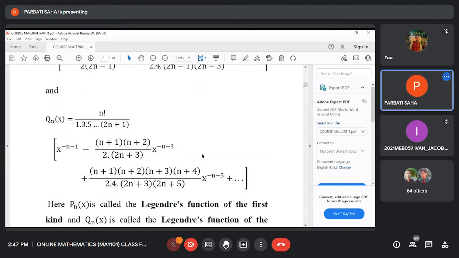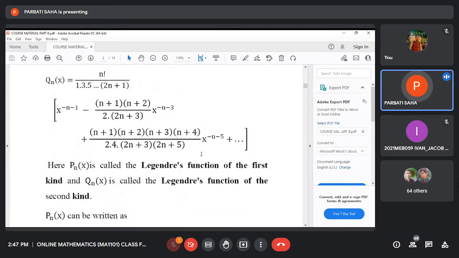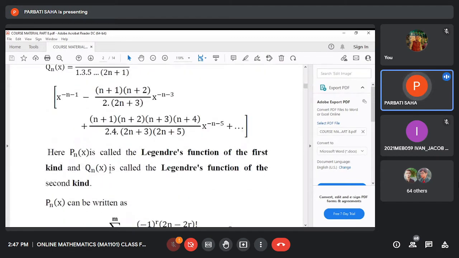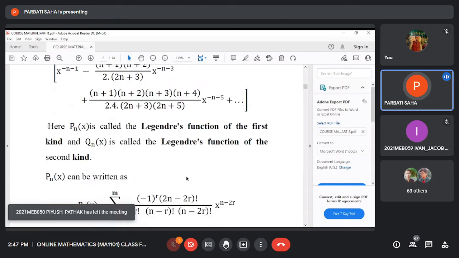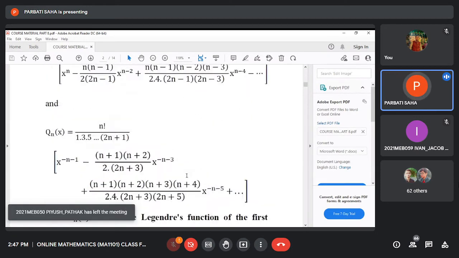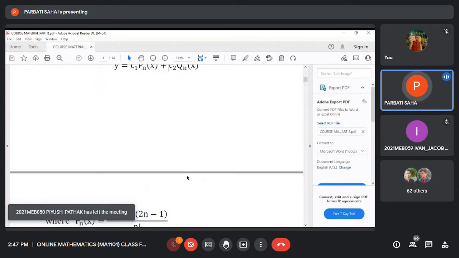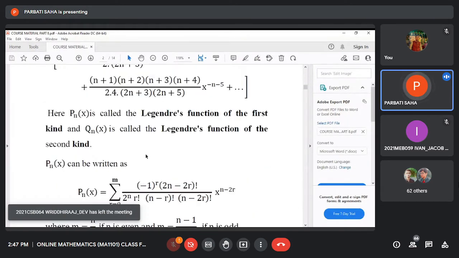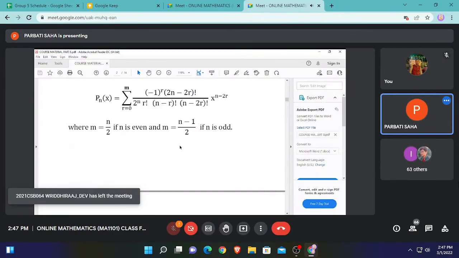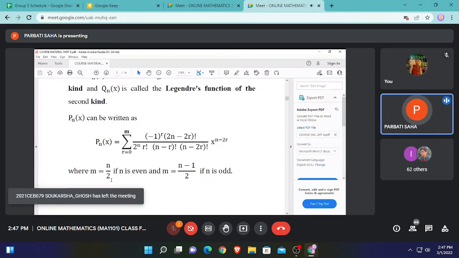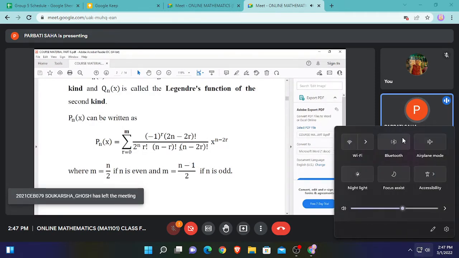Pn(x) is called Legendre's function of the first kind and Qn(x) Legendre's function of the second kind. You can use sigma notation to express Pn(x) like this, where m is n by 2 if n is even and (n minus 1) divided by 2 if n is odd.